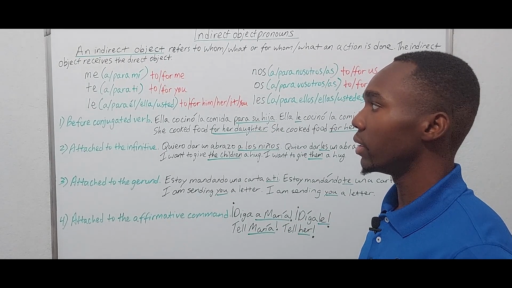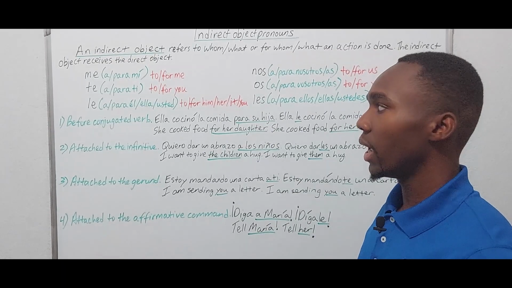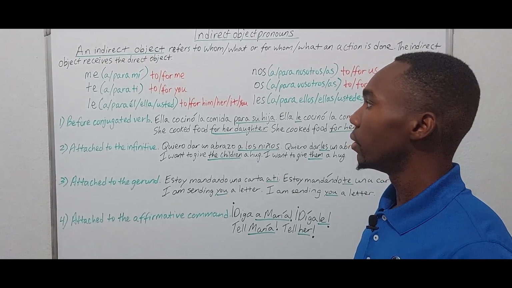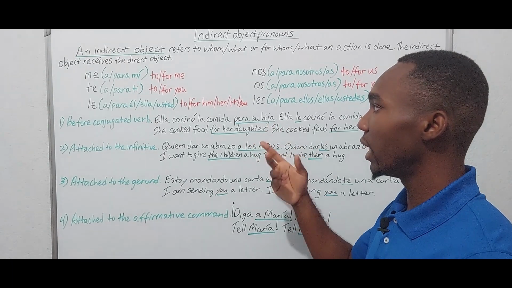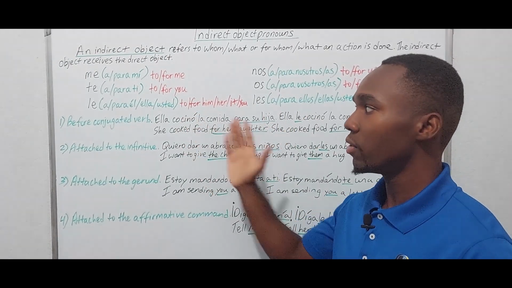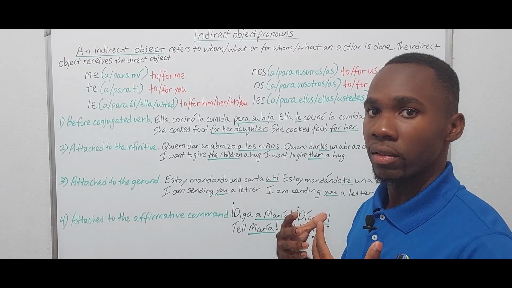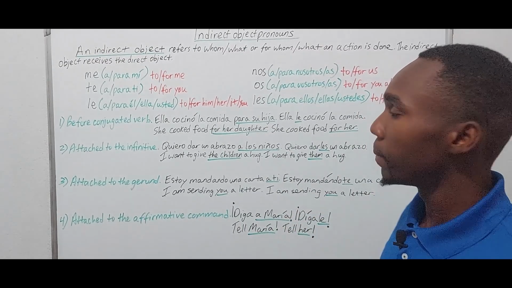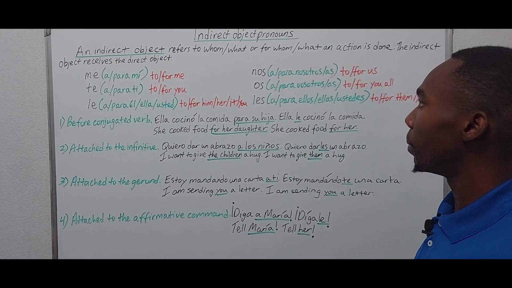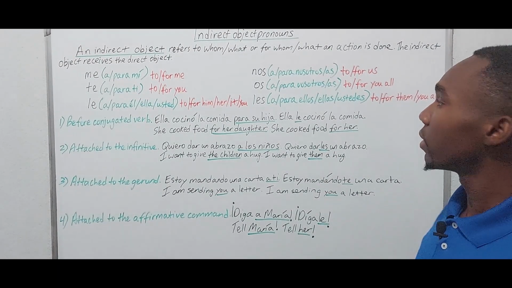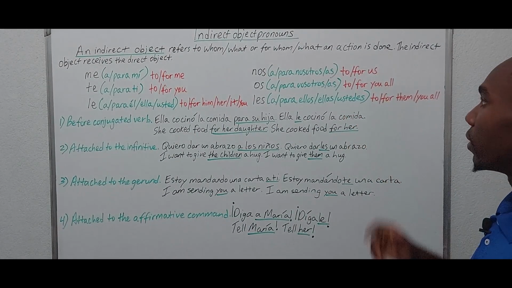Le replaces a or para él, ella, or usted, meaning to or for him, her, it, or you. So when it comes to the third person, there's a lot of ambiguity, right? Nos replaces a or para nosotros or nosotras, meaning to or for us.